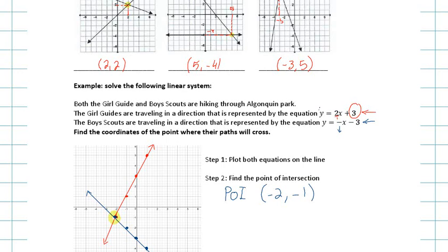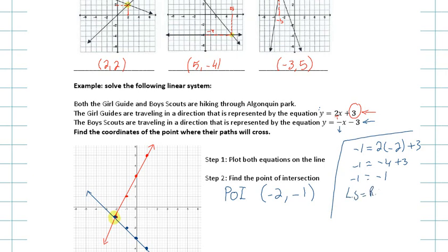You guys don't have to write this. But let's say I plug in -2 for x and -1 for y, take 2 times -2, that's -4 plus 3, that's -1. So my left side equals my right side.